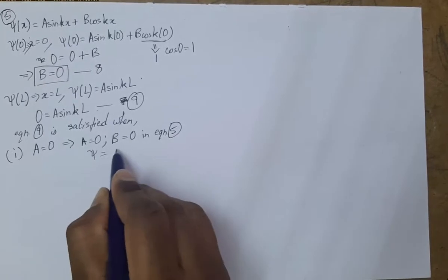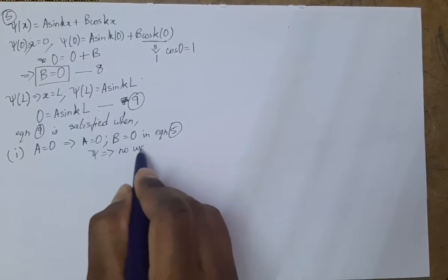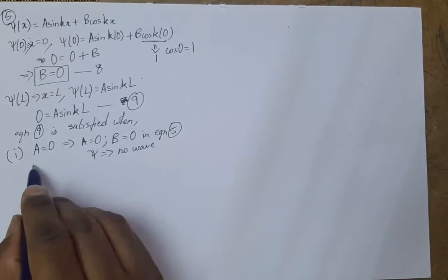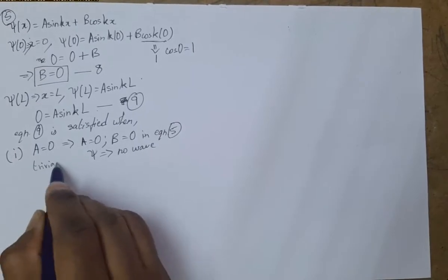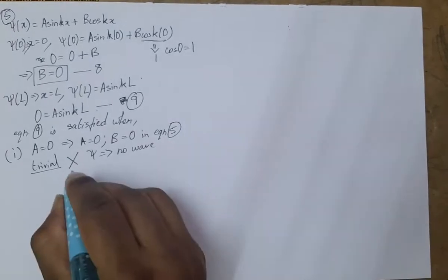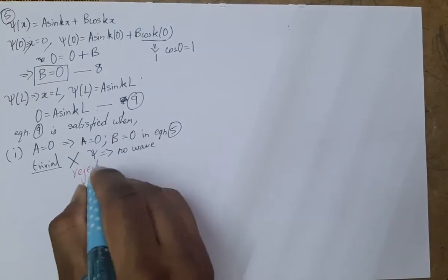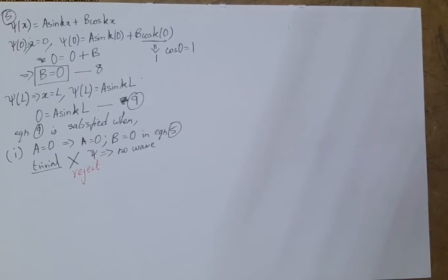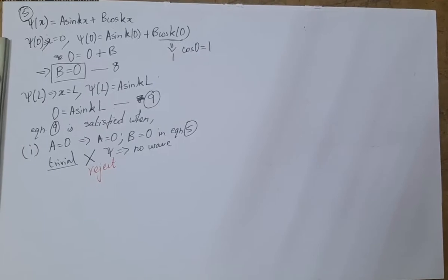This is a trivial solution, so we reject the solution. In quantum mechanics there are several solutions, but usually the solutions which are not acceptable are ignored.